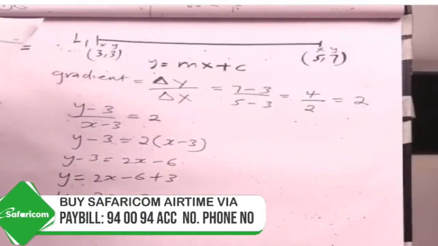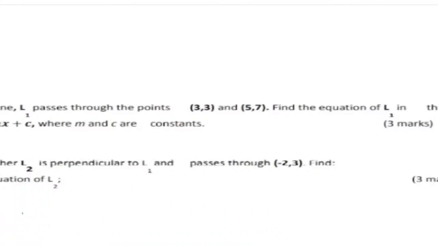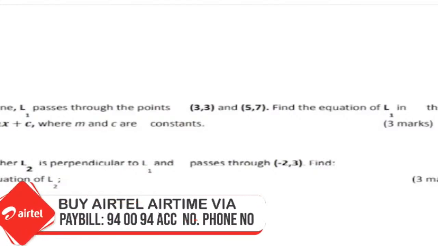Next, part B says another line L2 is perpendicular to L1. This is line L1. Perpendicular, you drop it like that, forming a right angle there. This is another line L2, and this is L1.